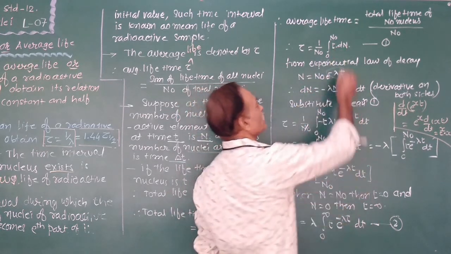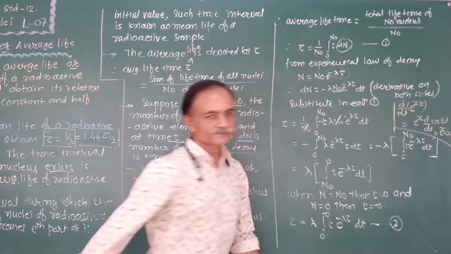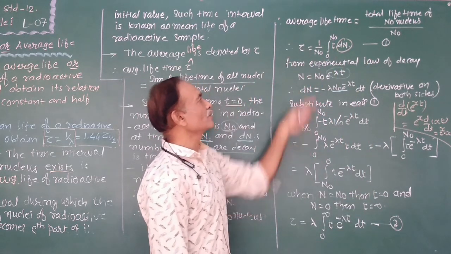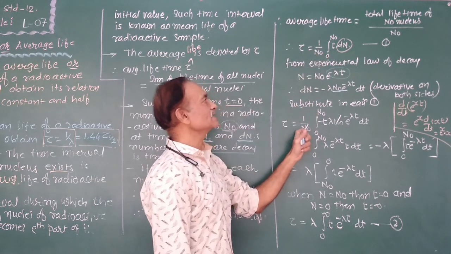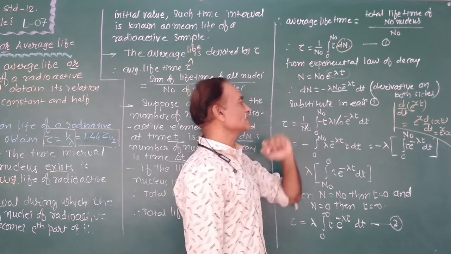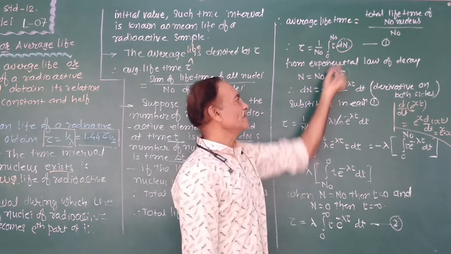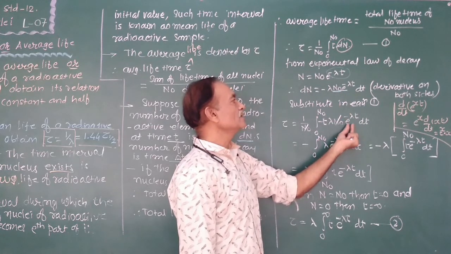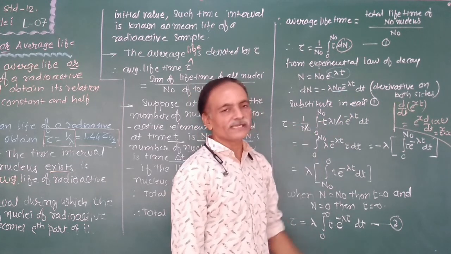Substitute in equation 1. Tau is equal to 1 upon n0, integration 0 to n0, t, and instead of dn, minus lambda n0 e to the power minus lambda t into dt.